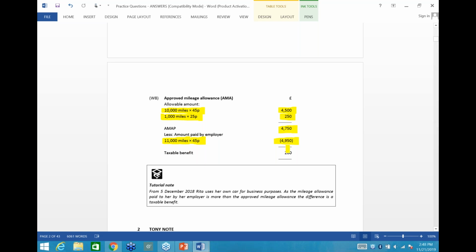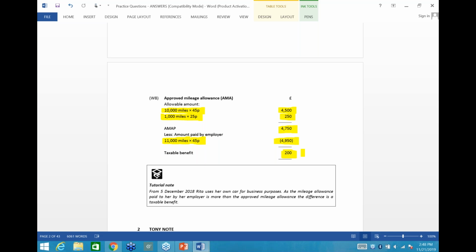It indicates that my employer has paid more than the approved mileage allowance, which is 200 pounds. I'm entitled to claim an approved mileage of 4,750 when I'm using my own car for business journeys, but my employer has already paid 4,950, more than the approved mileage allowance of 4,750, which gives me a taxable benefit.